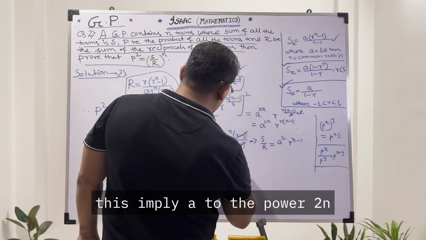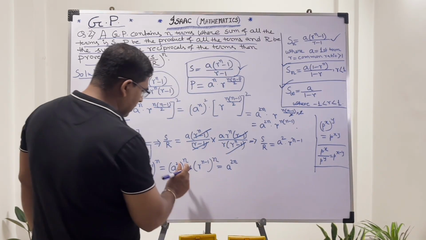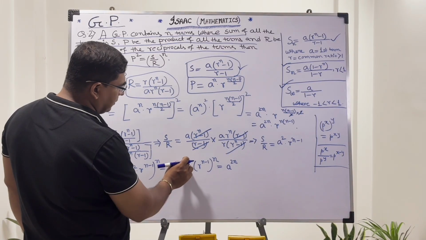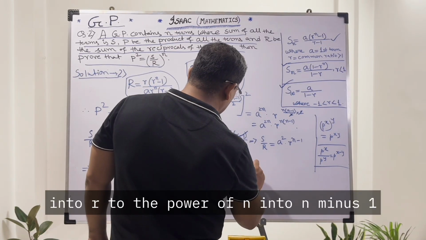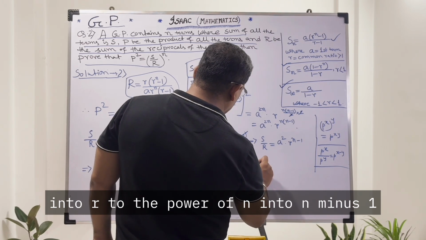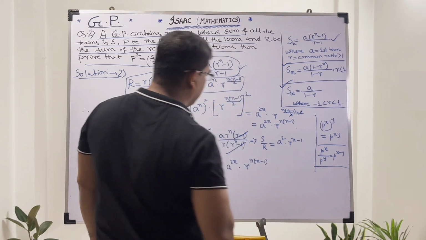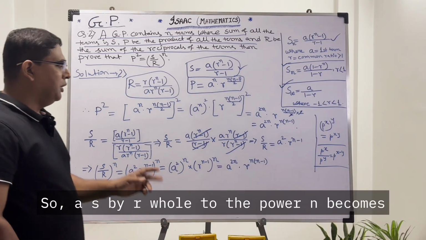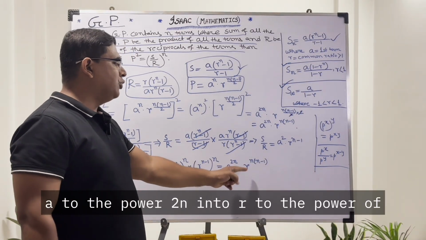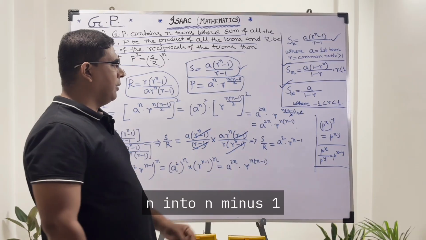This implies A to the power 2n into R to the power of n into n minus 1. Okay. So, S by R whole to the power n becomes A to the power 2n into R to the power of n into n minus 1.